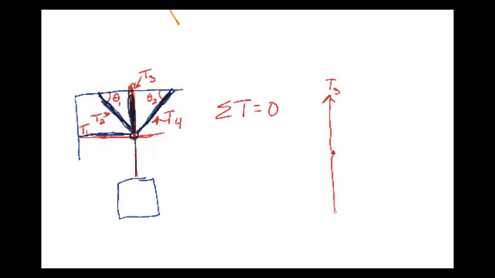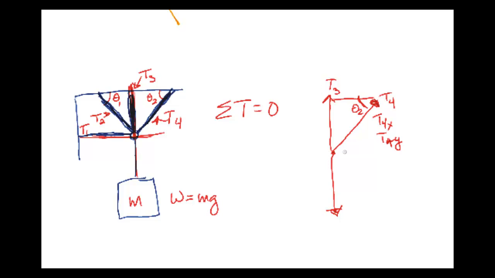We would have whatever this mass would elicit a weight, right? And then we'd have the T4 going there, which would need to be broken down into components, right? Using this theta 2 that I found. So meaning you would do your trigonometry to figure out what the T4x is, T4y.